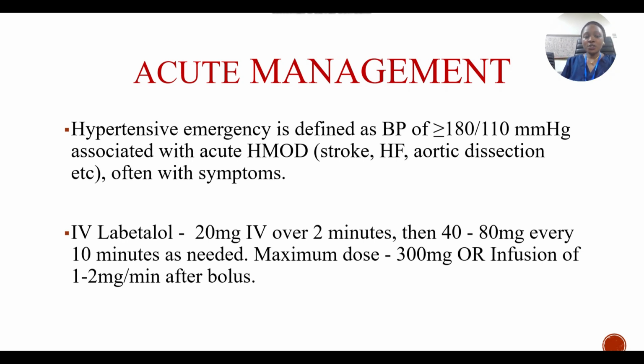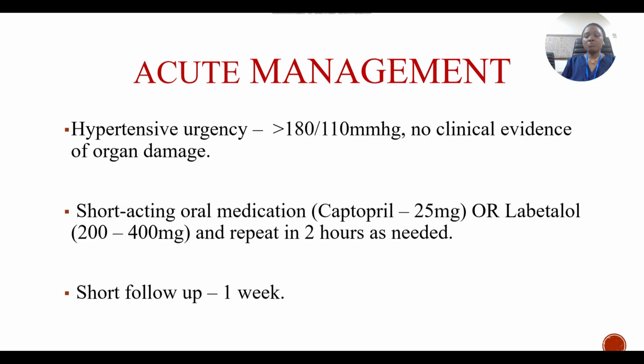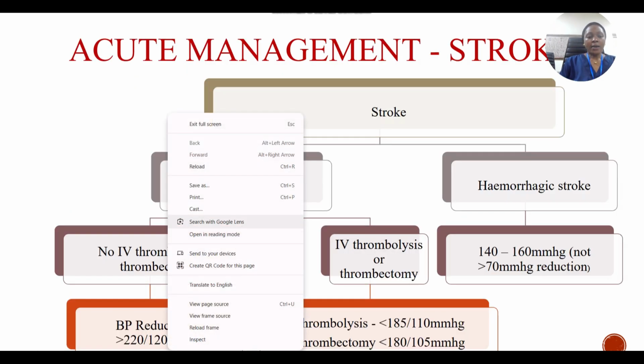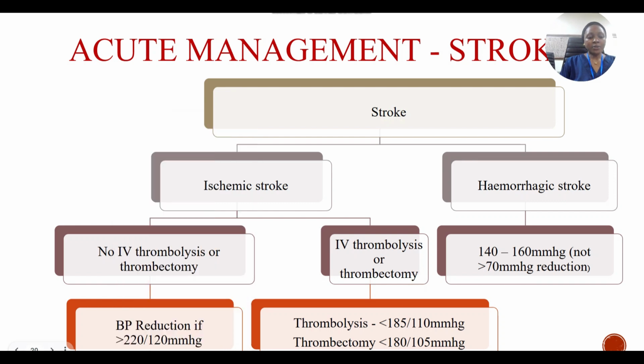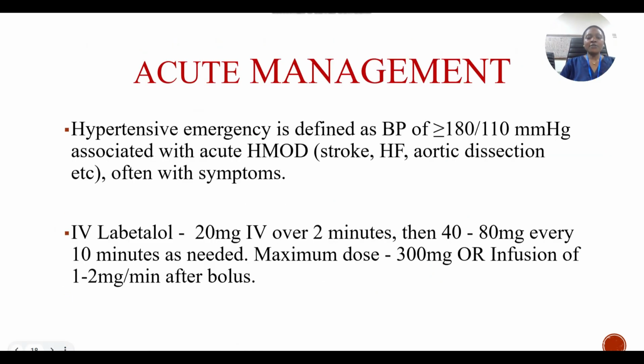What we do in this situation is, of course, after stabilizing the patient, the mainstay of treatment when it comes to bringing down the blood pressure is IV labetalol. Other options are IV nicardipine or IV esmolol as well. With labetalol, we'll give 20 milligrams IV over 2 minutes.